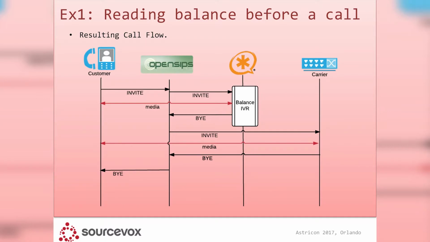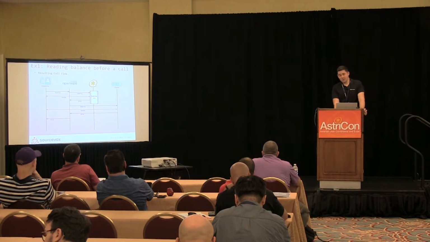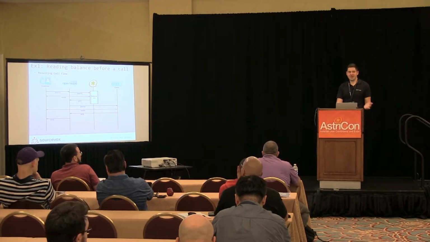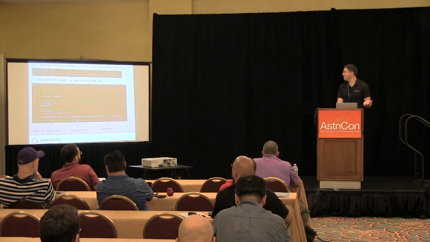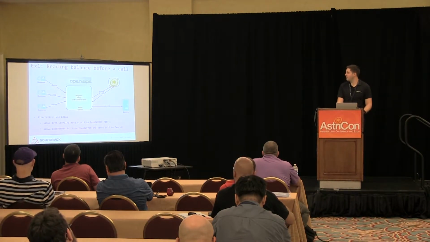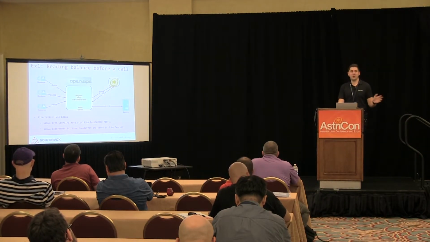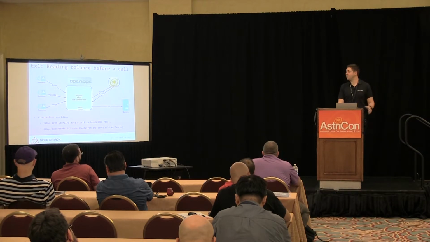Asterisk hangs up the call, and as you can see here, OpenSIPS then intercepts that buy, and it initiates a re-invite process. And we essentially get an invite back down to the carrier, and the media is established between the customer and the carrier. So the back-to-back user agent module has allowed us to construct this scenario here, and we've taken asterisk out of the equation, so we don't need it anymore, so it's gone.